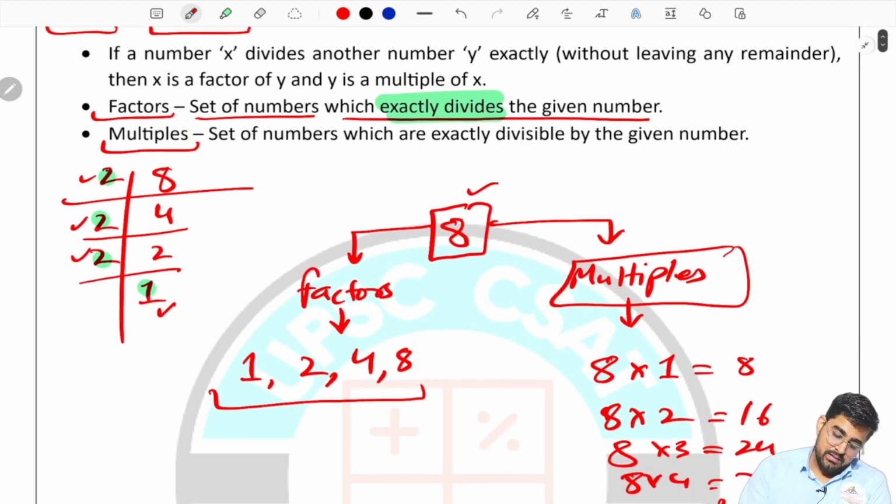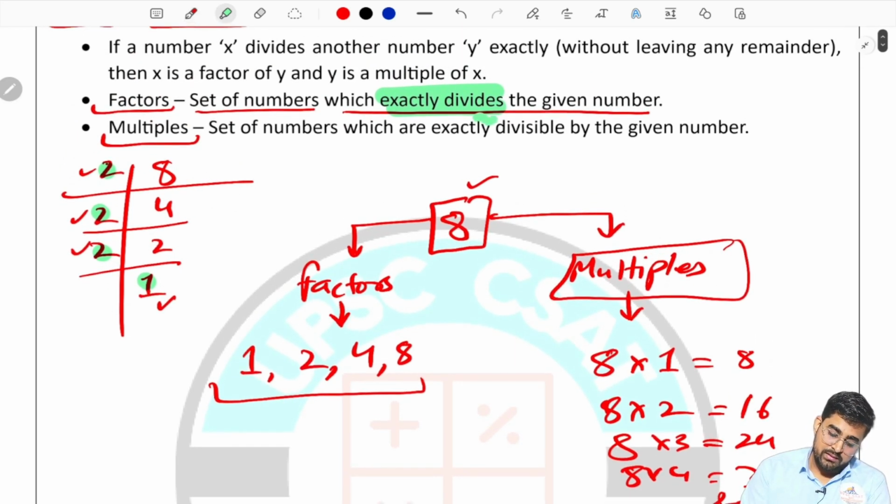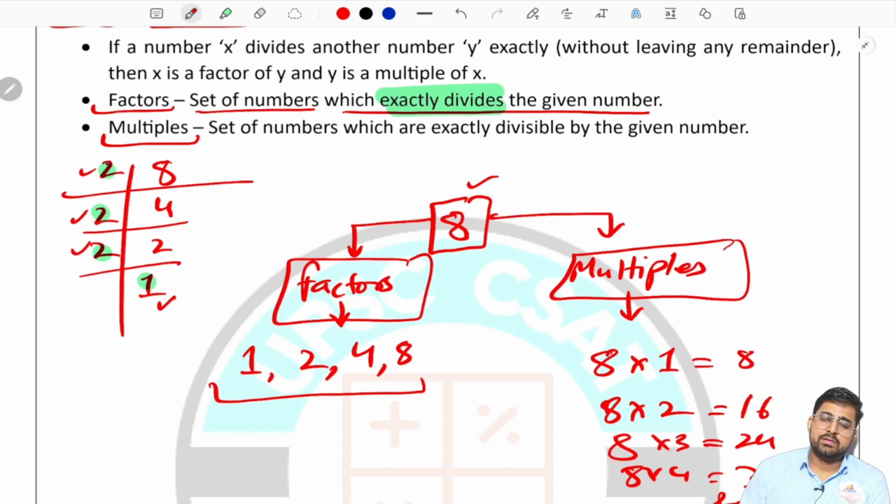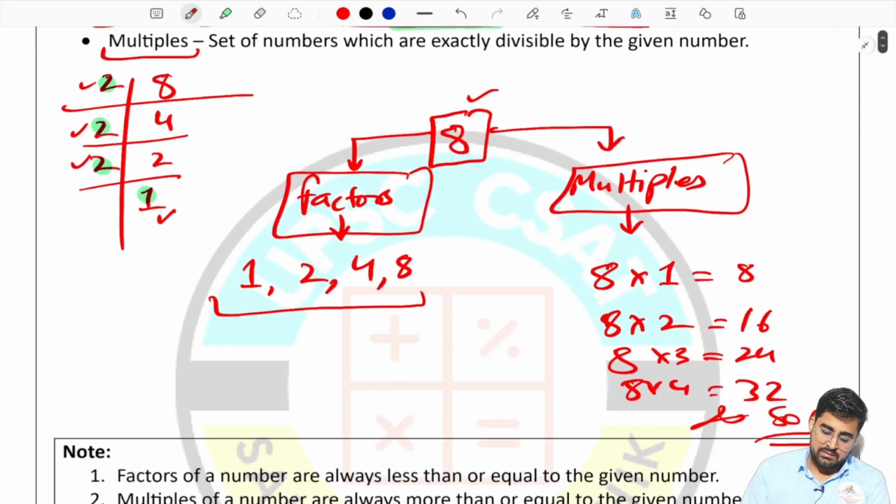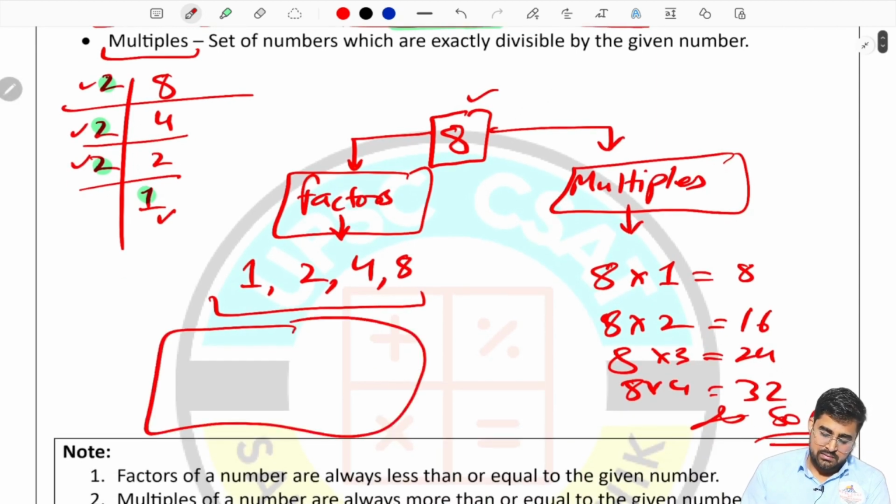Basically what I want to show you is that factors are the smaller units in a number itself. This 8 is made up of smaller units: 1, 2, 4 and 8.